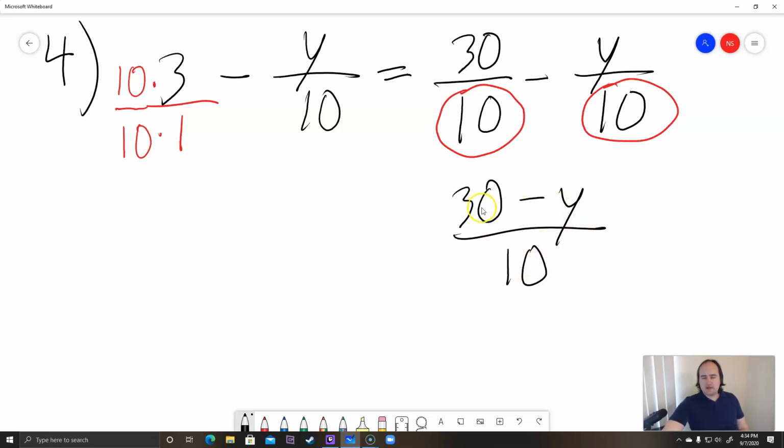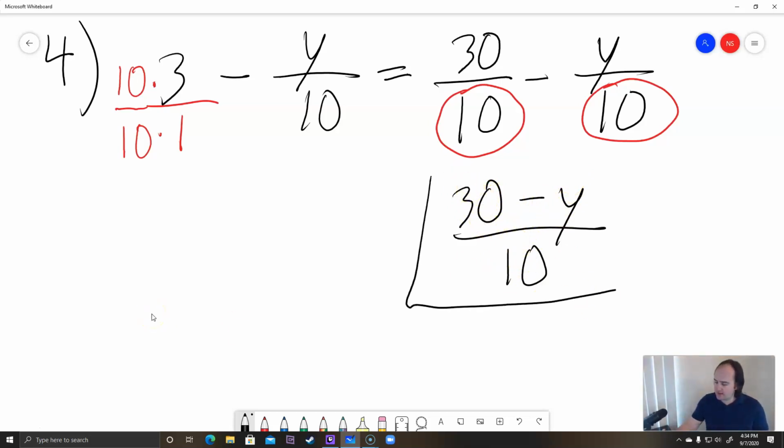And I know it looks like you should be able to divide the top and the bottom by 10, but you actually can't, because the y doesn't have a 10. I know these two have a common factor, but the y doesn't, so you can't actually simplify this. So our answer is 30 minus y all over 10.